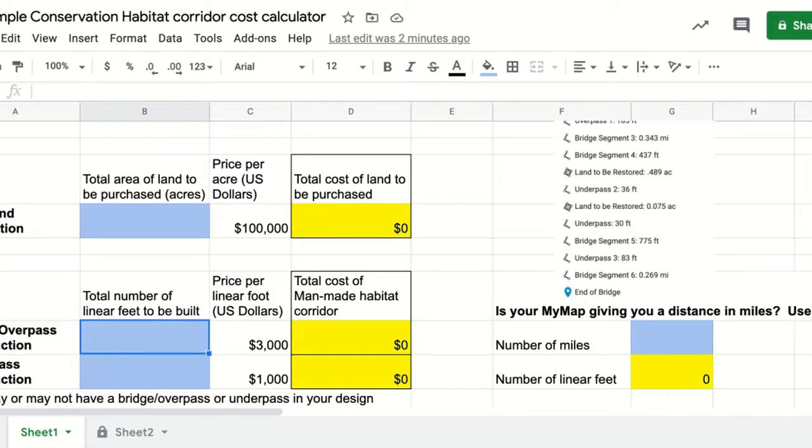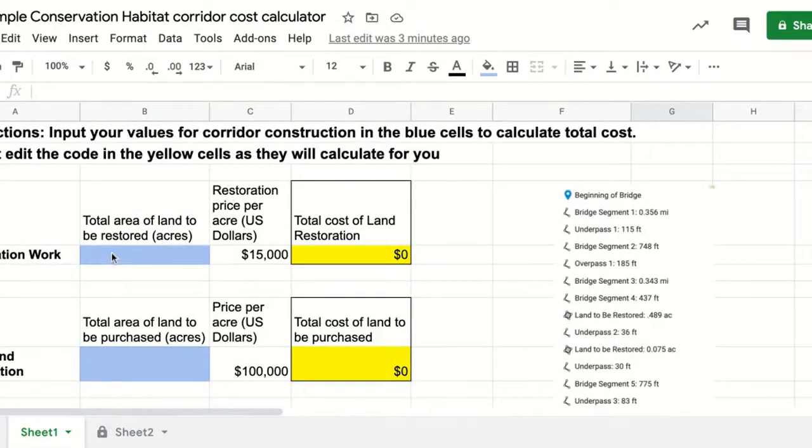This blue square is for bridge and overpass. This one is for underpass, right? And this one is to convert miles into linear feet, because that's how the cost calculator figures the cost of bridges and underpasses. So first things first, restoration work.